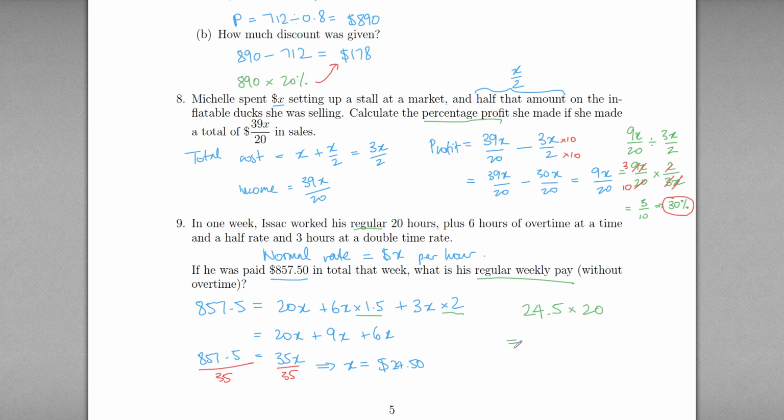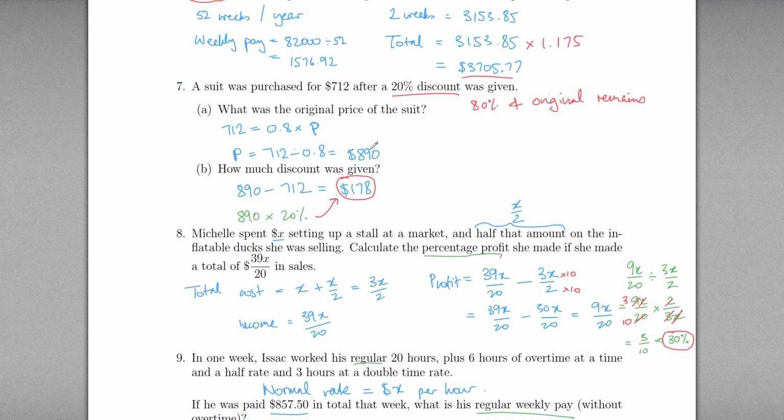And so we get $490. Okay, and that's our final answer. Maybe I should put a mark on some of these to help those who are just reading this and not watching the video.